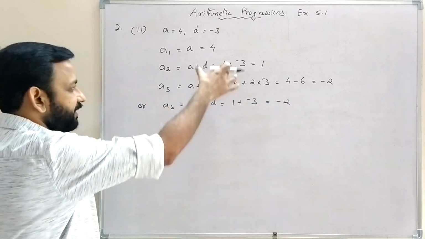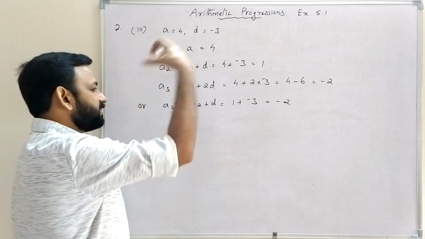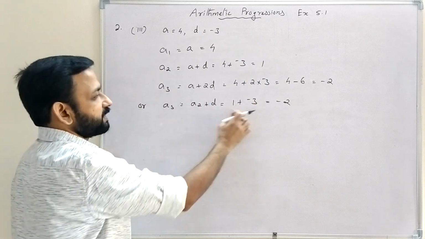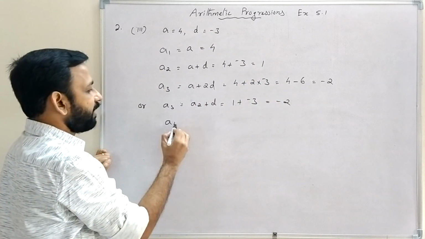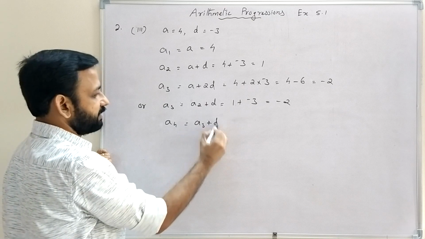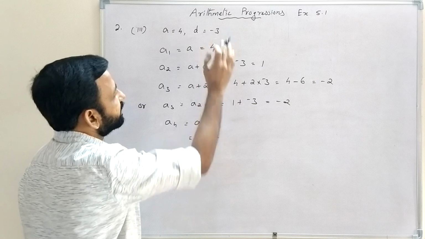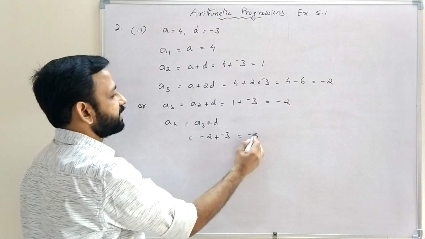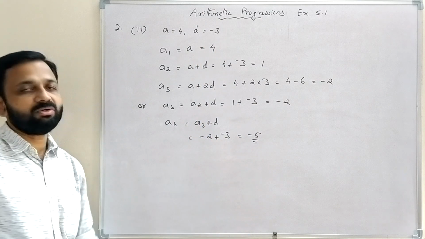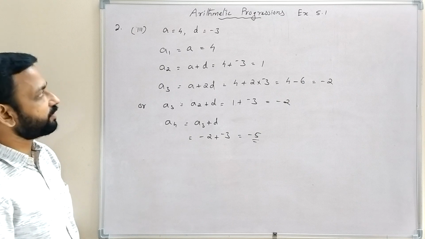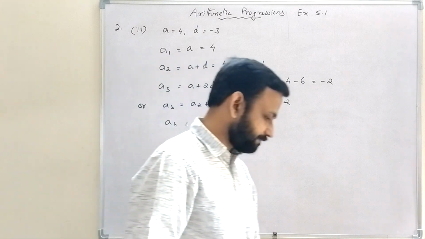Or here we already have a2, therefore we can easily find a3 is equal to a2 plus d. And similarly a4 is a3 plus d. Here a3 is minus 2 plus d, that is minus 3, that is minus 5. So a4 is equal to minus 5. So these are the first 4 terms of this AP.